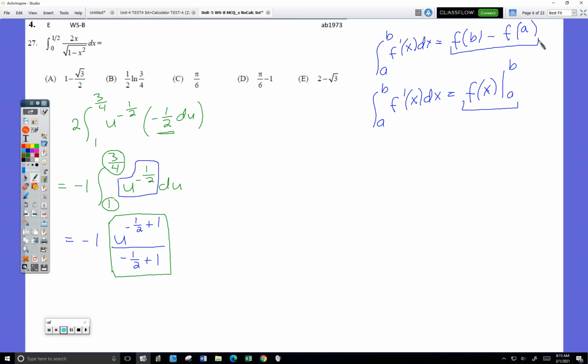Question? Please. So how would you just go from the negative 1/2 to the negative 1/2 plus 1/2?